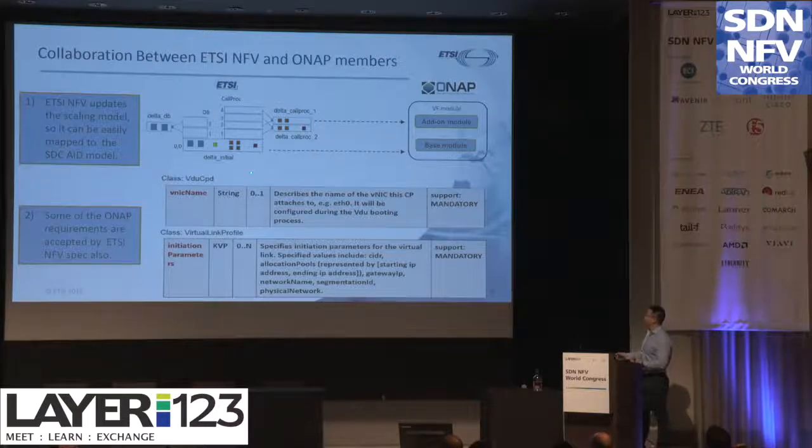Another example I would like to show is that in ONAP, they made some extensions, and right now some of the extensions have been accepted by the NFV spec, like the VNF nickname. Some things are not exactly introduced into the spec, but some of the concepts, like the CIDR and the gateway IP, have been introduced in our spec.